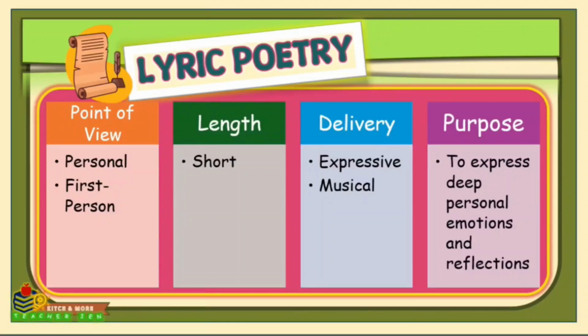And what's the main goal of lyric poetry? That is to convey emotions, whether it's joy, sorrow, love, or nostalgia. It's like reading someone's soul through rhythm and words. Let's look at a perfect example of lyric poetry.